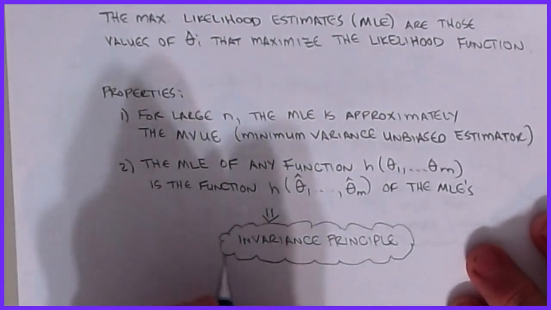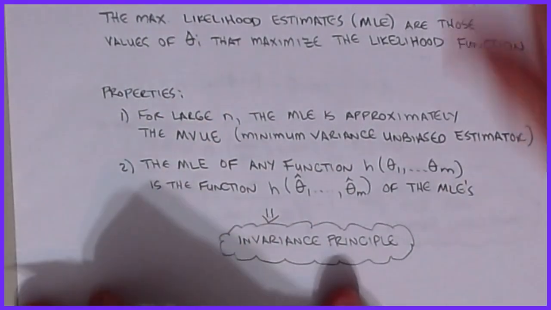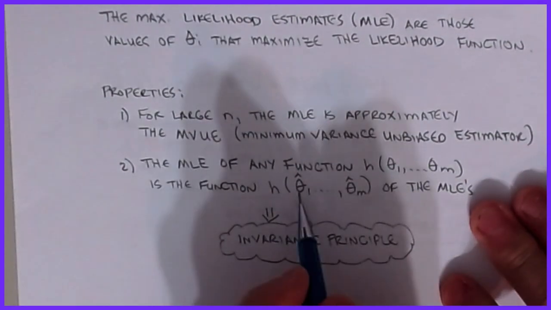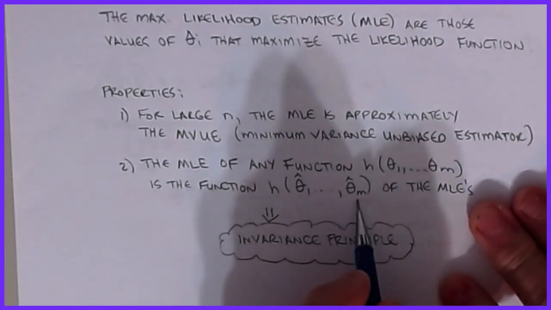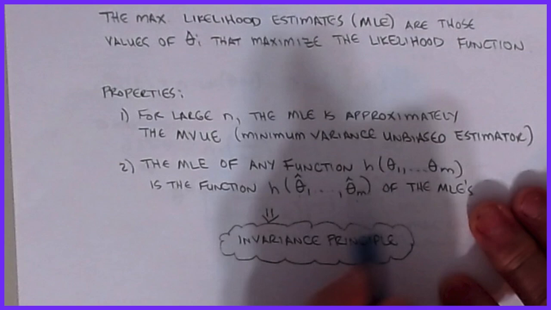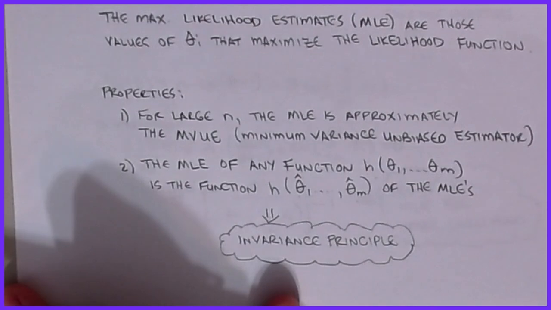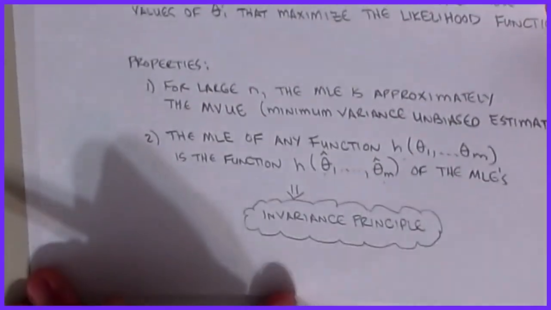Sometimes you see this referred to as the invariance principle. Like I said, we don't do a lot with it, but it's behind the scenes. If I can get really good estimates on theta 1 hat through theta m hat, then I should be able to predict this. That would be a high likelihood estimator for what's going on with those parameters. Then all we have to deal with is the x's.